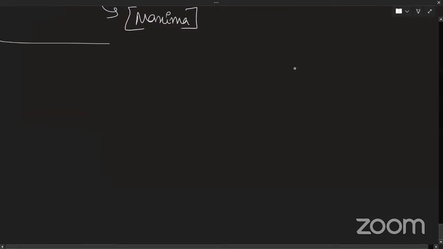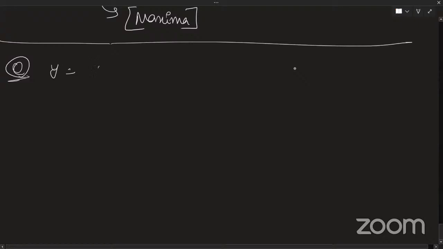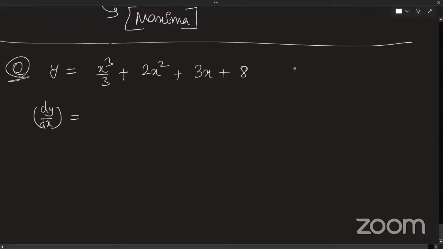Okay, so I'll give you one more problem to solve. First find its critical points. Tell me its critical points. It is already done above.